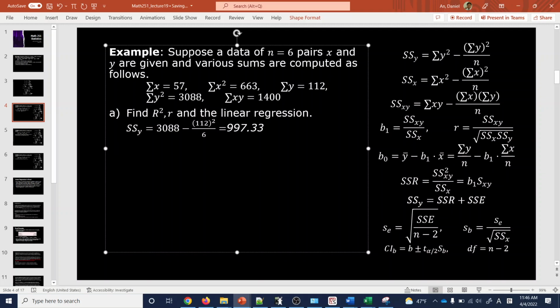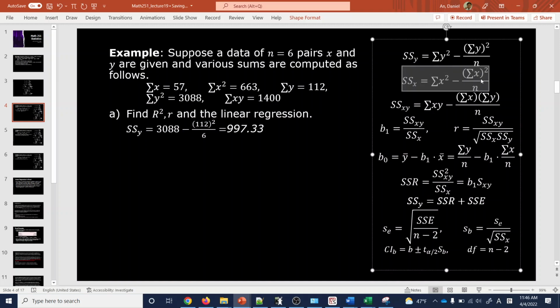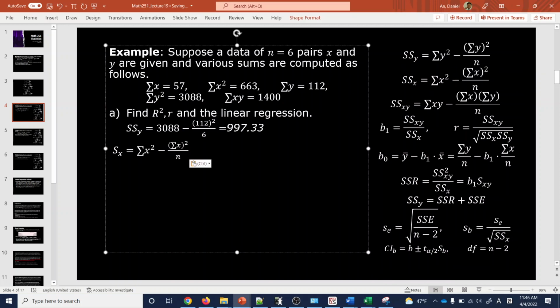Now you do the same thing for SSx. At this point, I advise you to try to go ahead of me. Try putting these into the calculator. Sigma x squared is 663, and sigma x is 57.